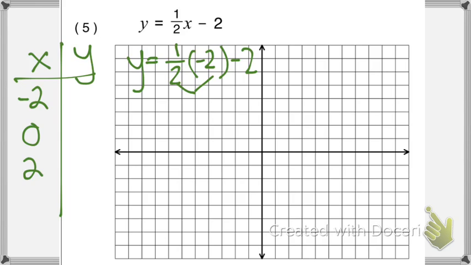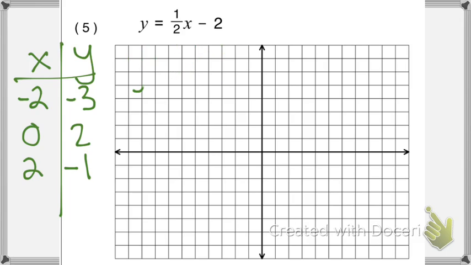Half of negative 2 is negative 1, minus 2. Negative 1 take 2 is negative 3. Next, 0. Anything times 0 is 0, plus 2 is 2. And then a positive 2. So half of 2 is 1, and 1 minus 2 is negative 1.